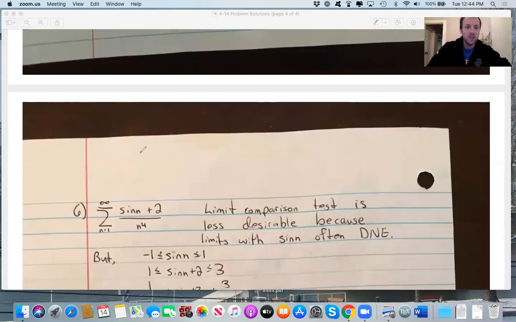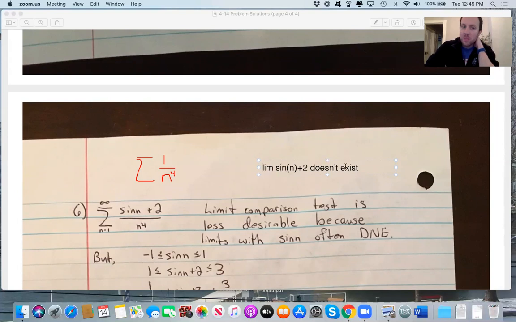So for instance, if you tried the limit comparison test with the series 1 over n to the 4, when you take the limit, you end up trying to take the limit of sine n plus 2, and this limit doesn't exist.